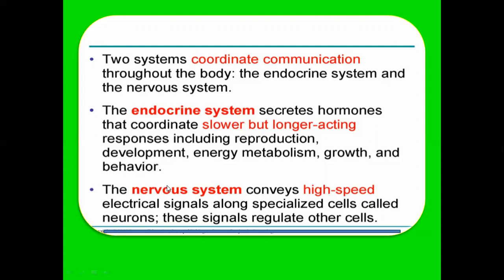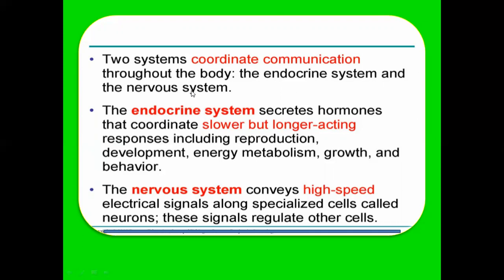Now which type of coordination in animals? I told you before there are two types of coordination, nervous coordination and chemical coordination. Nervous coordination and chemical coordination are done by two systems. These systems are the endocrine system and also the nervous system.